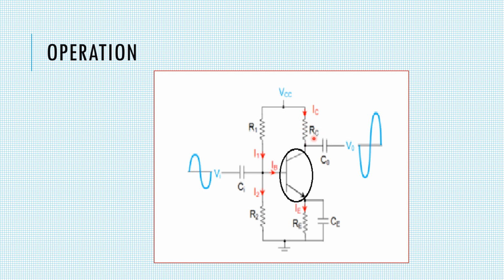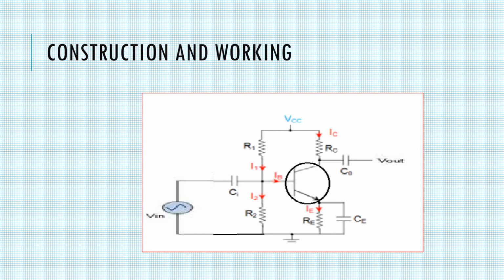Thus, the amplified output appears across the collector resistor. So this is all about the operation for the first half and second half cycle. Okay, now let us see the construction of this CE amplifier and its working also.